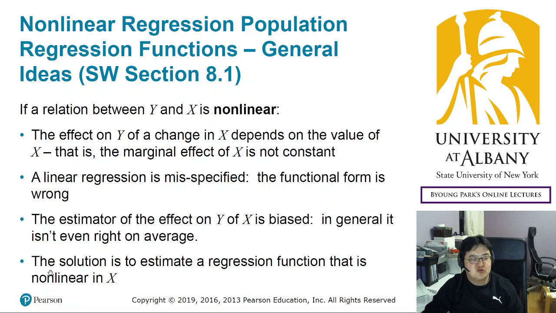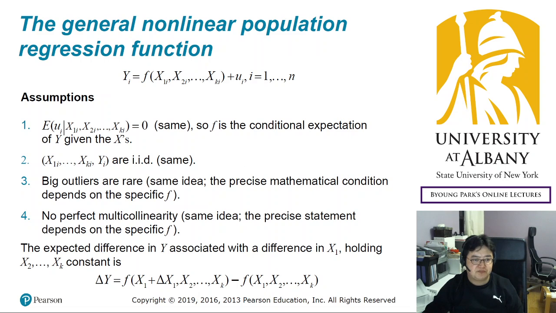And the solution is to use a nonlinear function. The solution is simple. The problem arises because you are using a linear function, so why not use a nonlinear function? This is the very general nonlinear regression function without any functional form.